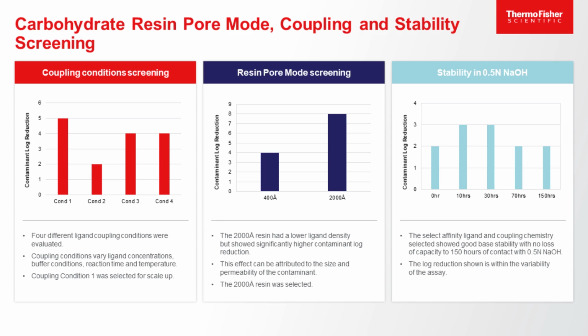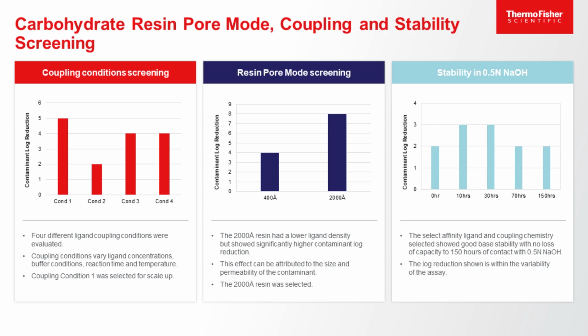What we further did, as said, as well with poros, we can tune the pore mode, and we can check coupling conditions. So what we did here from the left-hand side is we checked coupling conditions to actually see, okay, what is, let's say, the best coupling condition, varying ligand concentration, buffer conditions, reactant time and temperature. And coupling condition 1 was actually selected for scale-up, which is the one on the left-hand side. In the middle, you can see the 2 pore modes we selected for this specific product.